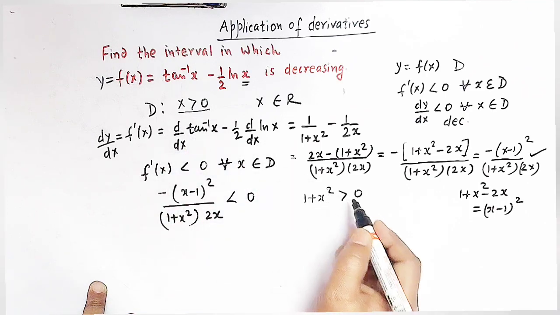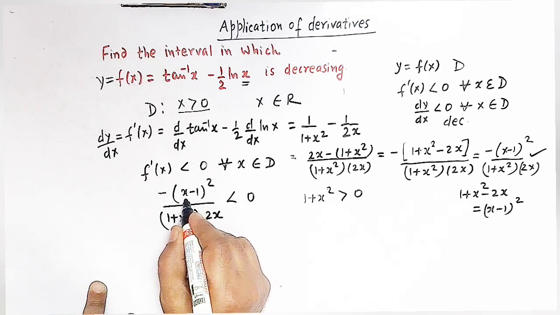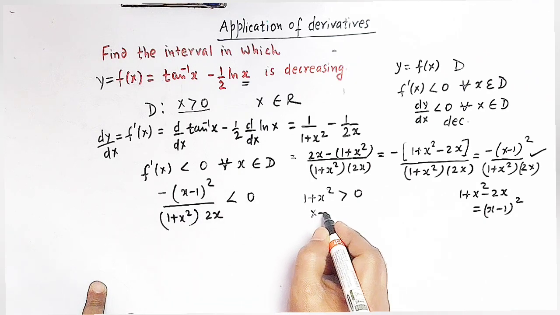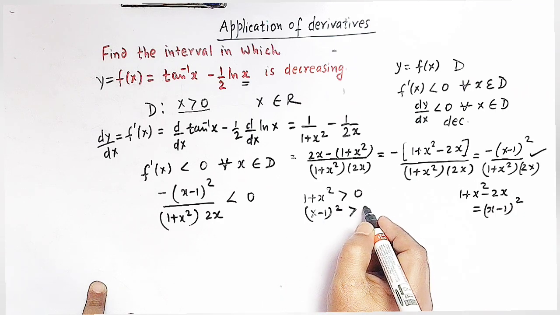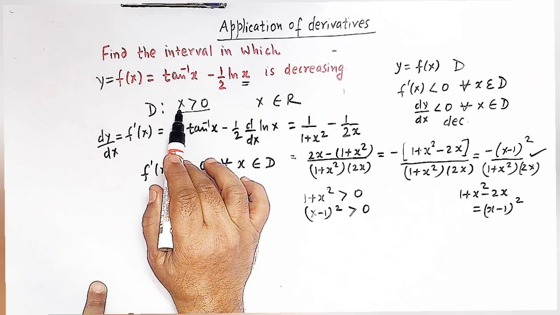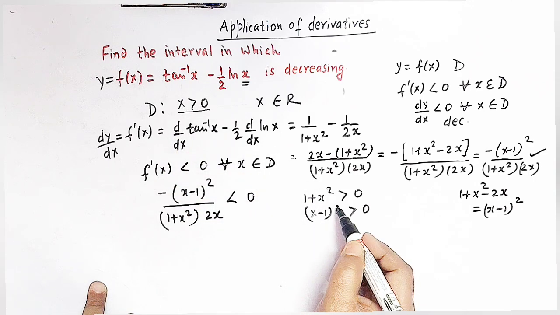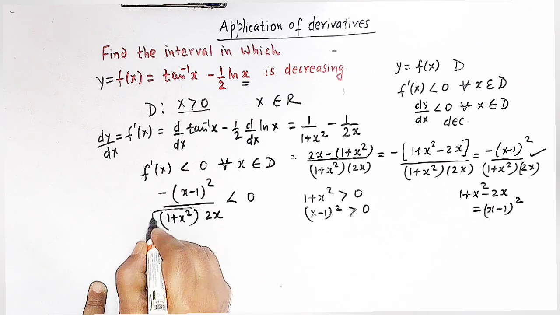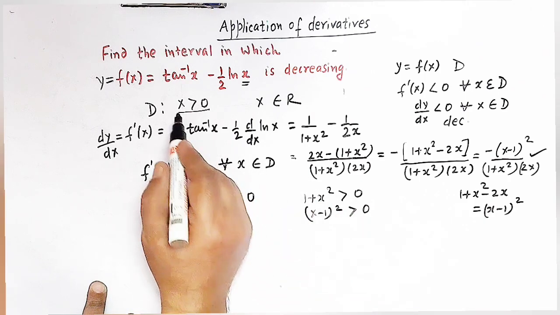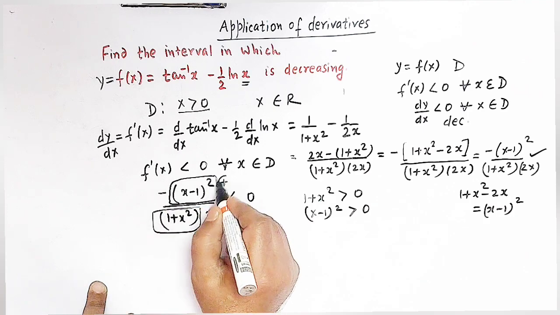So 1 plus x square should be greater than 0, and similar is the case with this expression, that is x minus 1 square is again greater than 0. x minus 1 being a square term, this is always going to be greater than 0. So this term is positive for all x greater than 0. Similarly, this term is also positive.